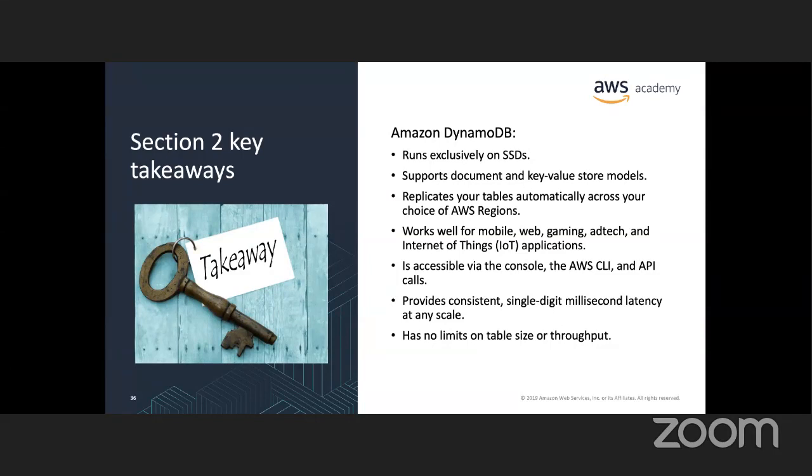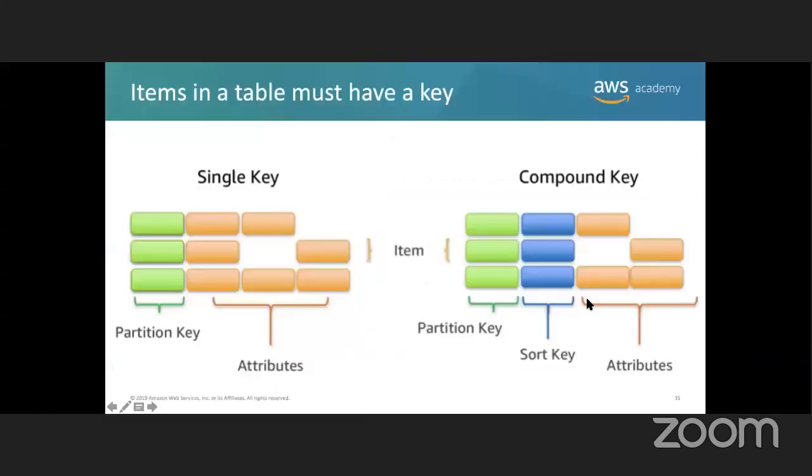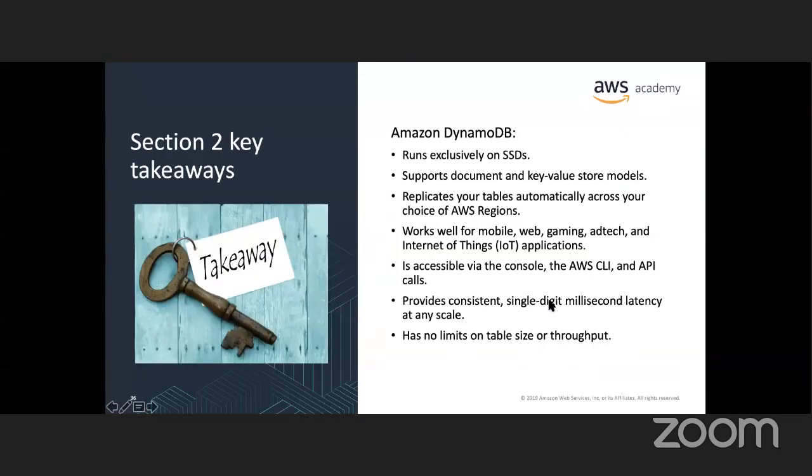It's accessible via the console, the AWS CLI, and API calls. Provides consistent single-digit millisecond latency at any scale. So from 1 to 9 milliseconds latency. So it's super fast, right? And has no limits on table size or throughput.